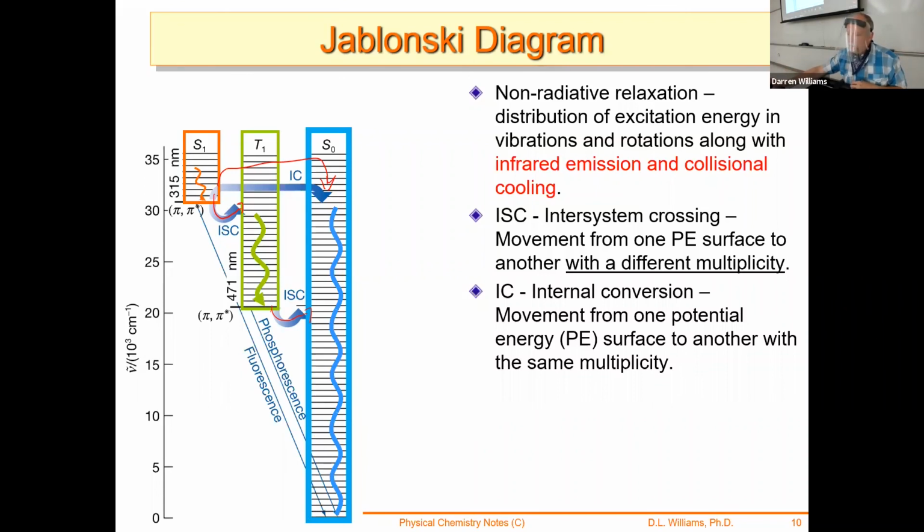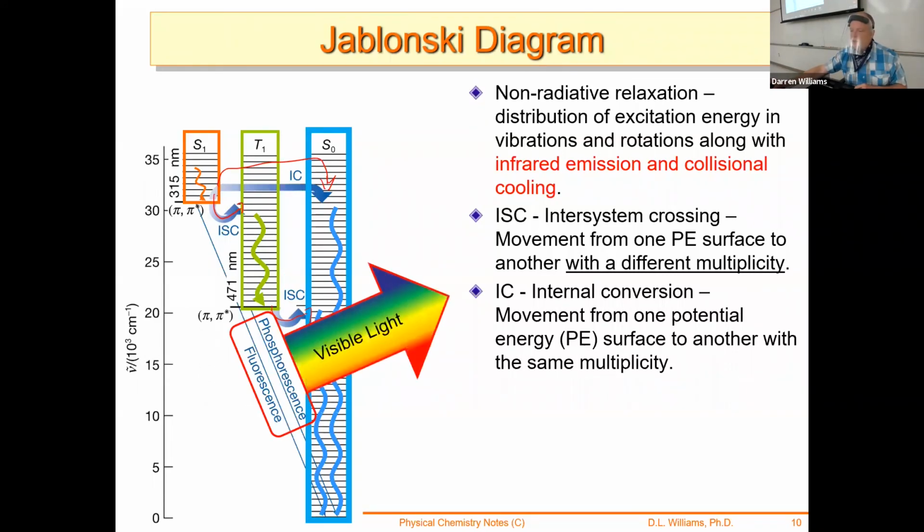Or it could emit light, either phosphorescence or fluorescence. It could go straight from the S1 down to S0. So that would be the fluorescence pathway. If it came from here straight back down, that would be fluorescence.